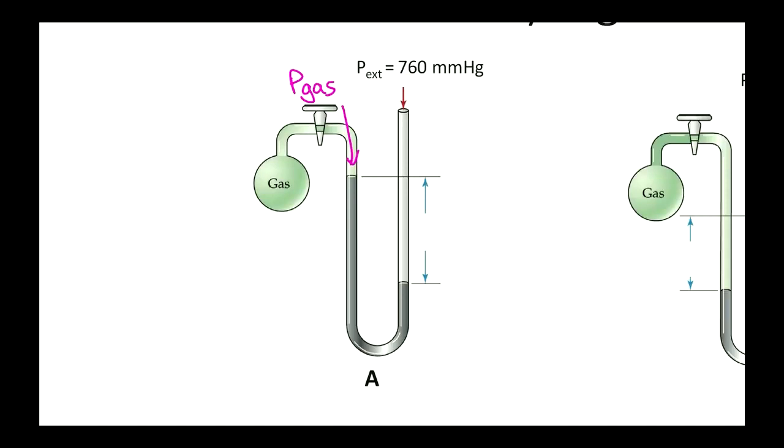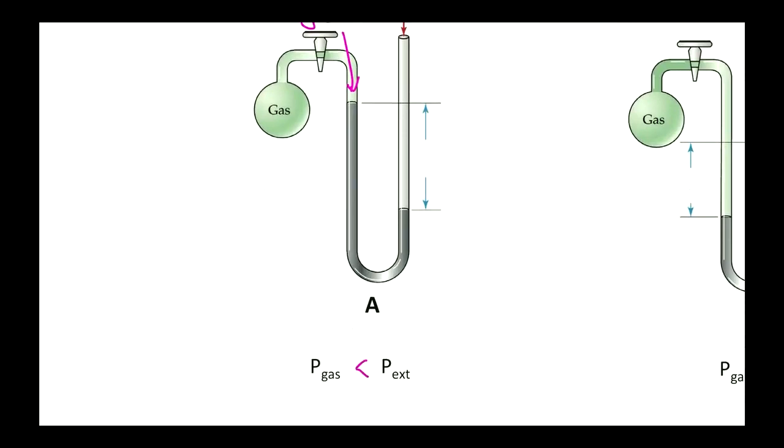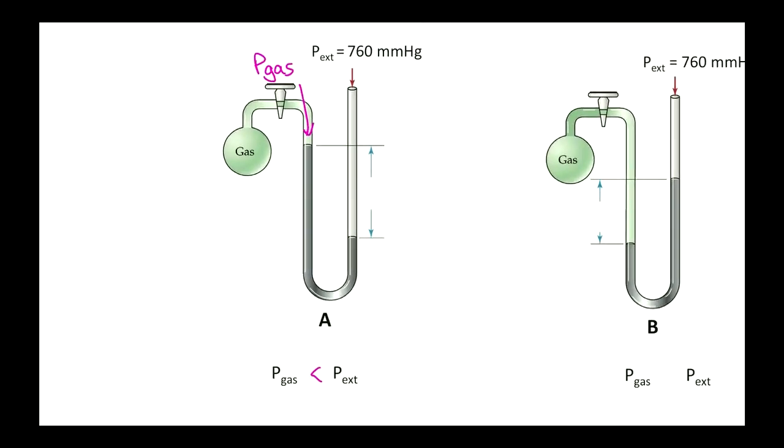Who's winning right now, the gas or the atmosphere? The atmosphere is winning. So is the pressure of the gas more or less than 760? Less, yes.